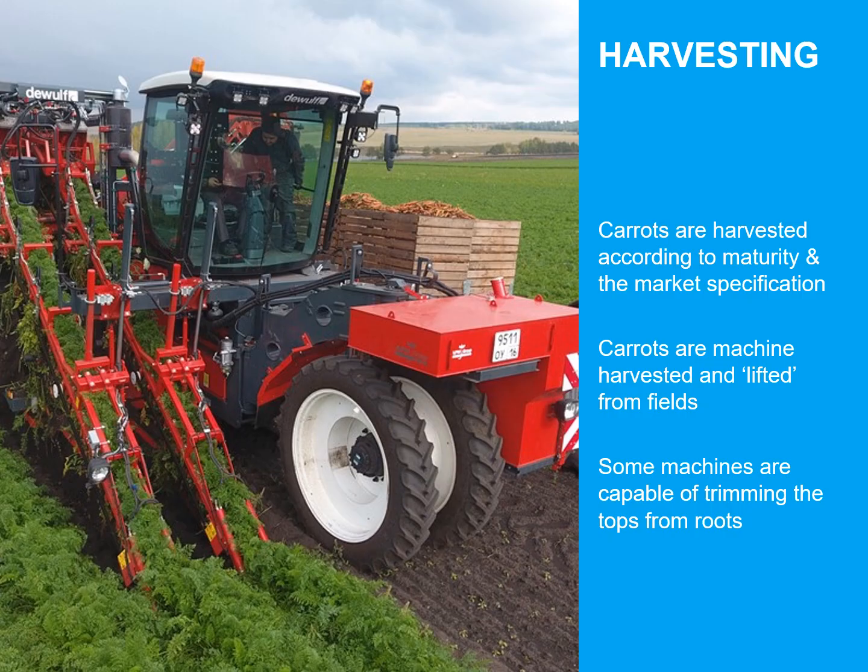It's lifting the roots out by their foliage, the foliage is trimmed off, and the roots are deposited in those wooden bins you can see behind the machine. Some machines are much larger than this and are capable of lifting the carrots, trimming them, and even packing them within the field.